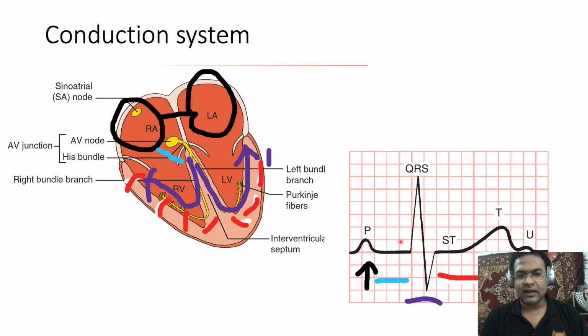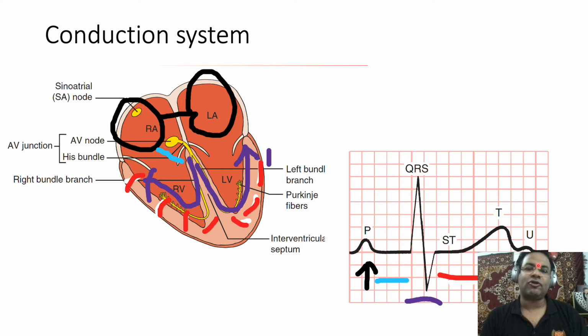Then comes the depolarization of the ventricular mass proper, which is nothing but the QRS. The ST is the time when the heart is at rest, and repolarizing is represented. Everything that gets activated or depolarized has to get repolarized. It is basically the T wave.